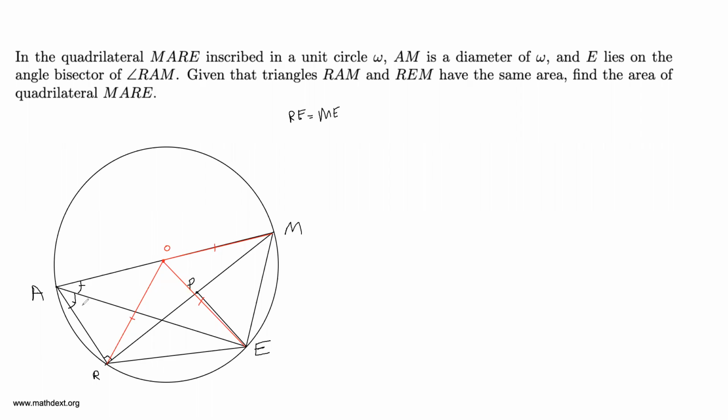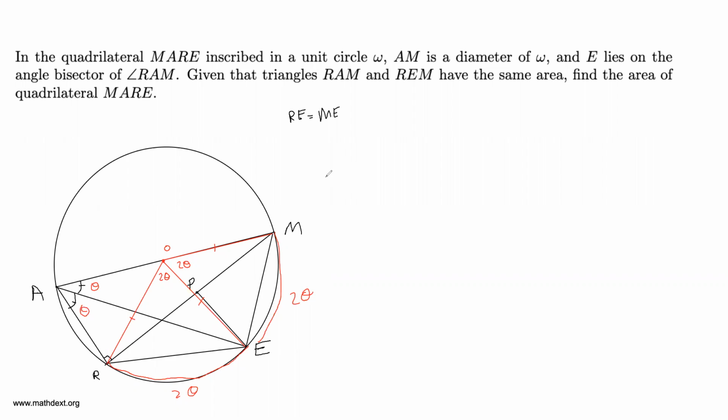If this angle is theta and this angle is theta, then arc RE is twice this inscribed angle, so 2 theta, and angle ROE is 2 theta as well. Arc ME is also twice this inscribed angle, so it is 2 theta, and this angle is 2 theta as well, since O is the center, right?